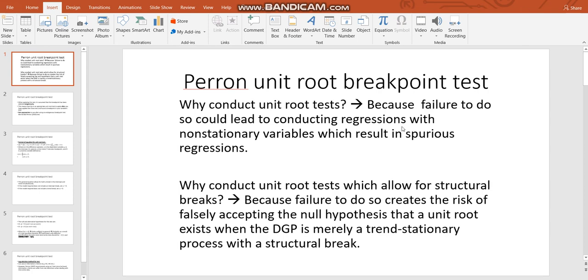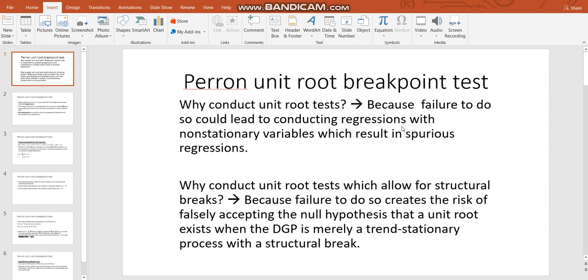It means that if you're applying an ordinary unit root test like the augmented Dickey-Fuller test, it's quite likely that it increases the probability of having a p-value that's above 0.05, and because the p-value is above 0.05, it won't be able to reject the null hypothesis that there's a unit root present in the DGP.